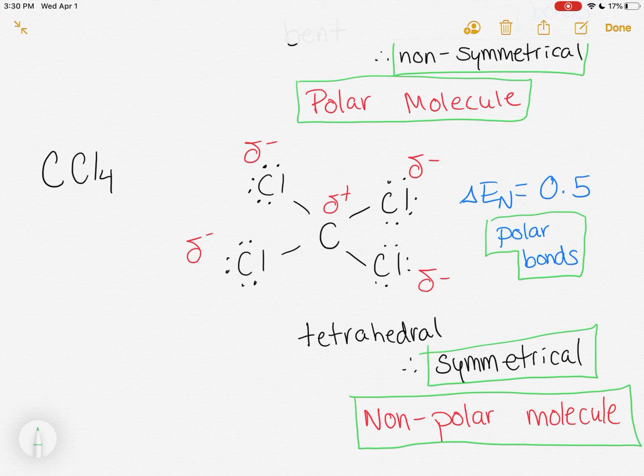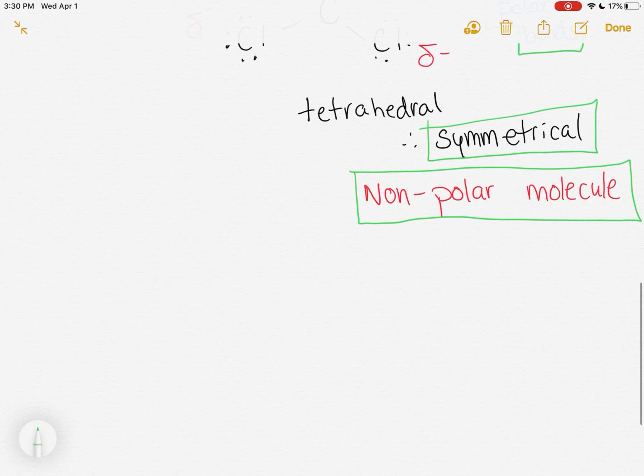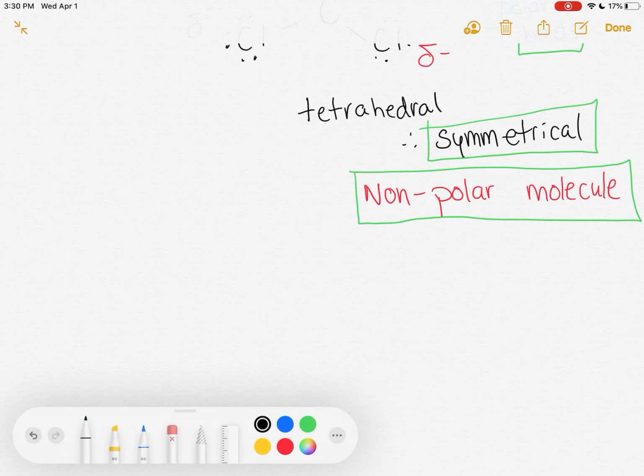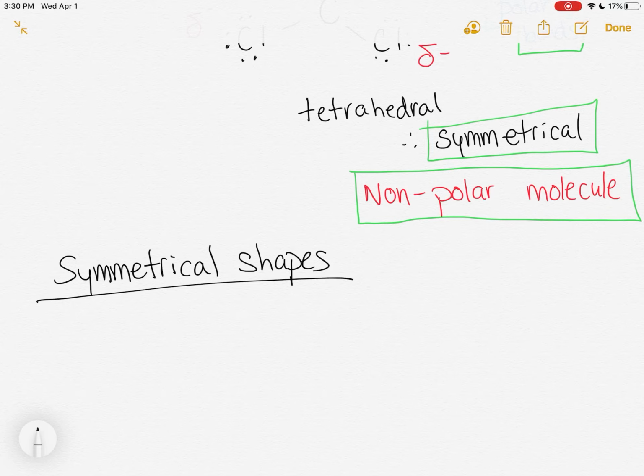So I just want to talk about a couple of the rules here in terms of symmetry. Okay, there's a little bit of a list of our symmetrical shapes.